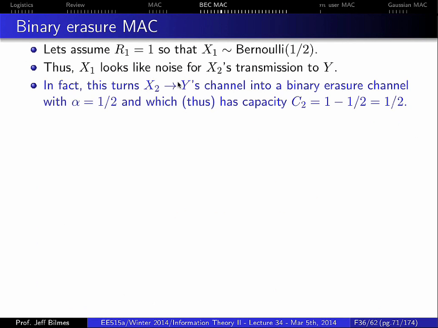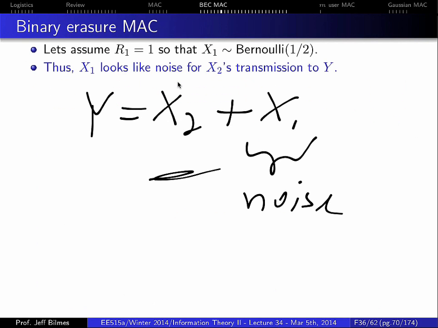Why? Because when X1 is 0, Y becomes whatever X2 is. But if X1 is 1, then it potentially erases the symbol.